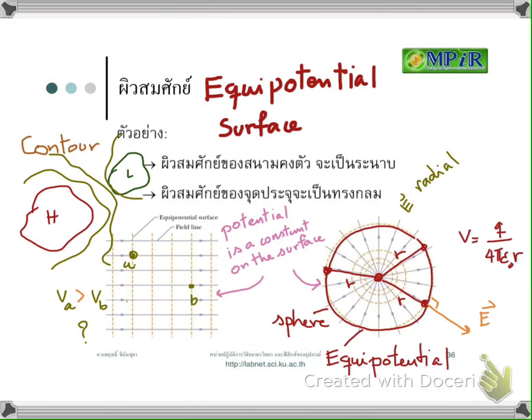But we can prove in general that the equipotential surface will always be normal to the electric field. This is maybe the most simple example: the electric field and potential from a point charge.